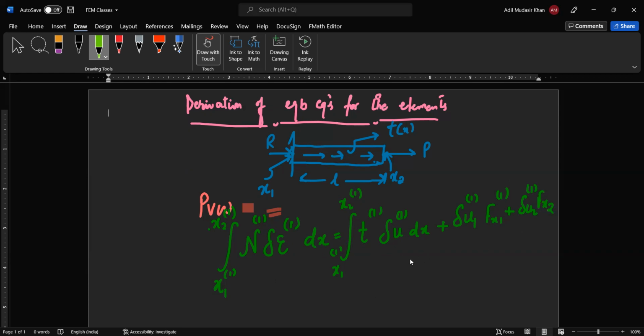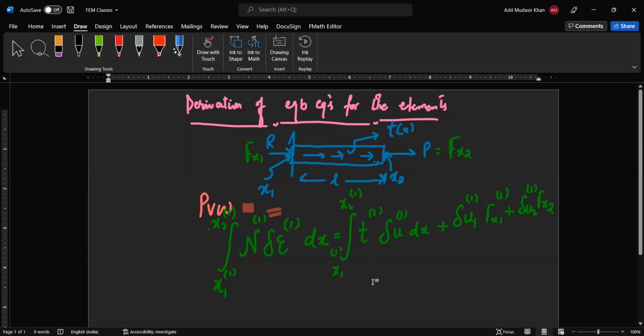This is the total virtual work for this case. If we assume at x1 we are having force fx1 acting instead of R, that's all the same. At x2 we have fx2.